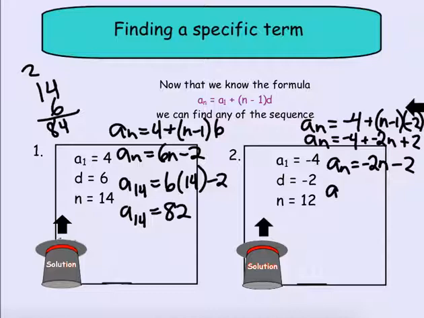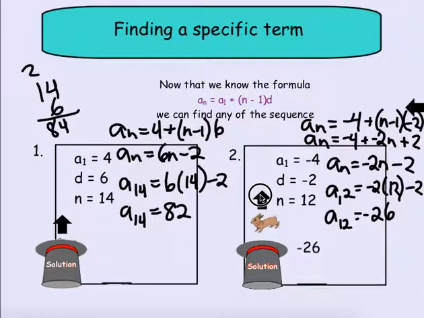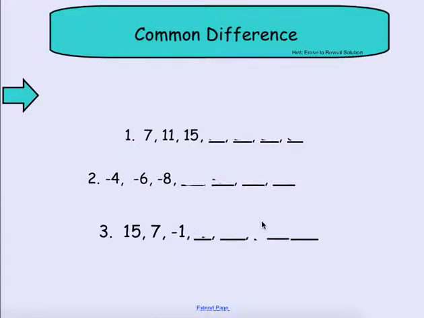So when I want my 12th term, a sub 12, we would do negative 2 times 12 minus 2, which means my a sub 12 is negative 24 minus 2, negative 26. Should be my value if I did this correctly. And let's check it, and we get negative 26. Perfect. All right, last example.